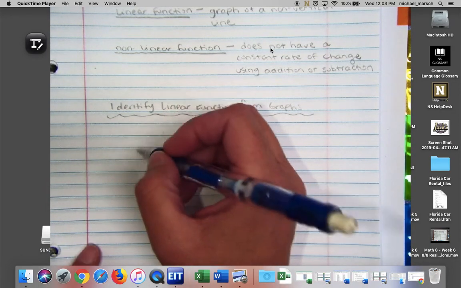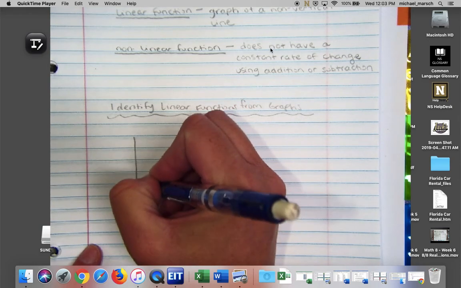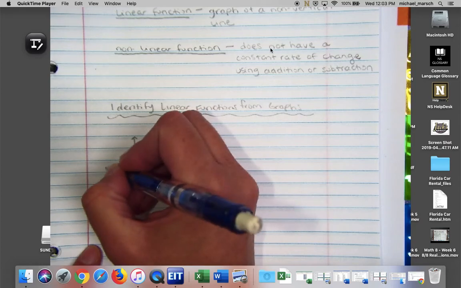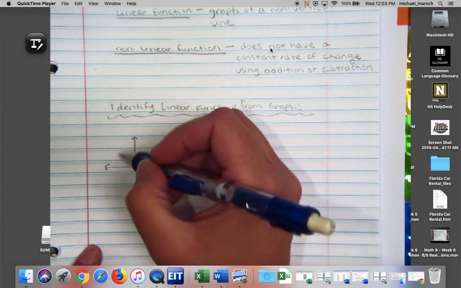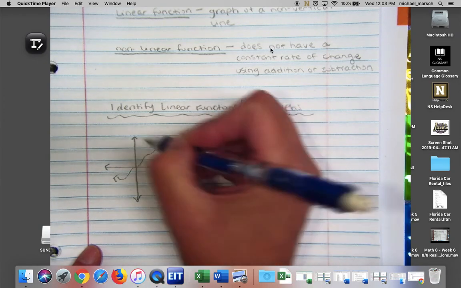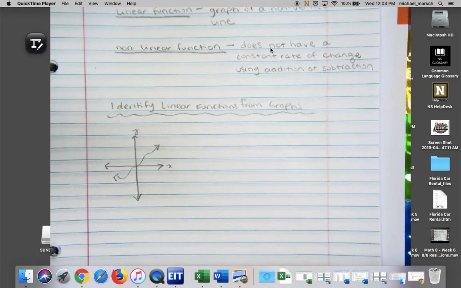Some of them are going to be more obvious than others as to why they're considered a nonlinear function. So I have my x and my y-axis, and I have a little squiggle.